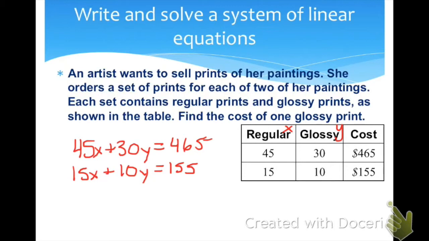I need to multiply this bottom equation by 3, and the x's would cancel because I'm more concerned about my y's. I don't want to cancel my y's if I can avoid it, right?